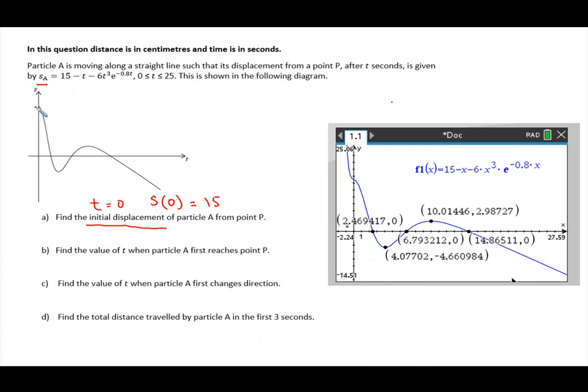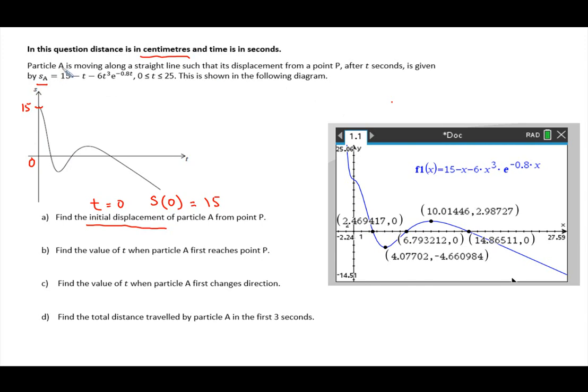So when the time is 0, we know the displacement is 15, in this case centimeters, because they tell us in the question. So 15 centimeters to the right. Let's make sure we understand what's going on.